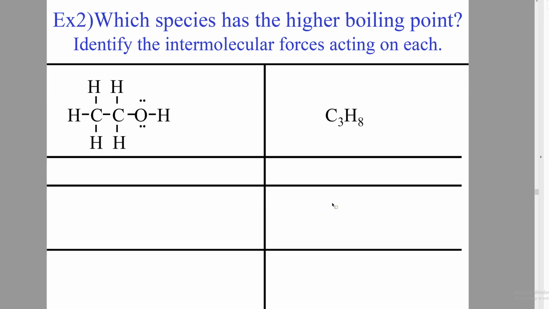All right, next question: which species has the higher boiling point? Identify the IMF forces acting on each. The answer here is quite simple. If you take a look at CH3CH2OH versus C3H8, what you're really looking for is what type of IMF force you've got in this situation. We've already identified this one as a polar molecule, and this one as a non-polar molecule. The reason we identify that is because of the OH region next to the carbon.